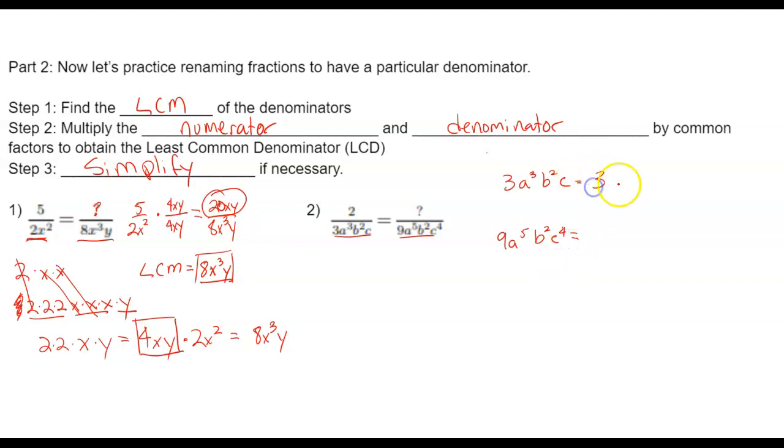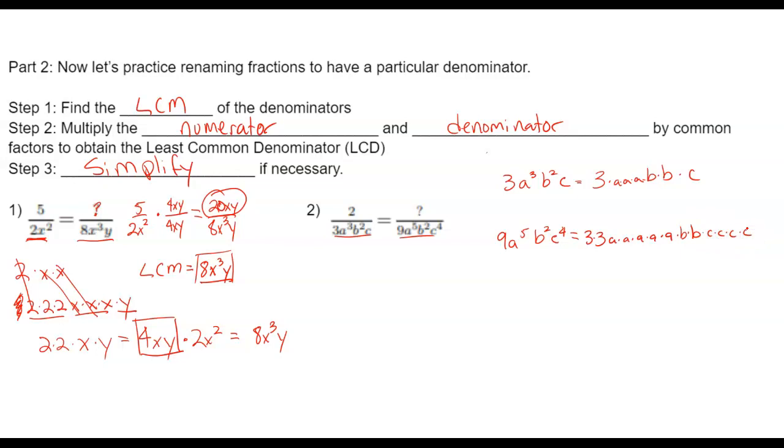So I have 3 as its own prime factor. These are a's. I'm going to list them as a times a times a, b squared, b times b, and then c. And then I'm going to have 9, which is 3 times 3, and then a times a times a times a times a, 5 a's, and then b times b, and then 4 c's, which is c times c times c times c.